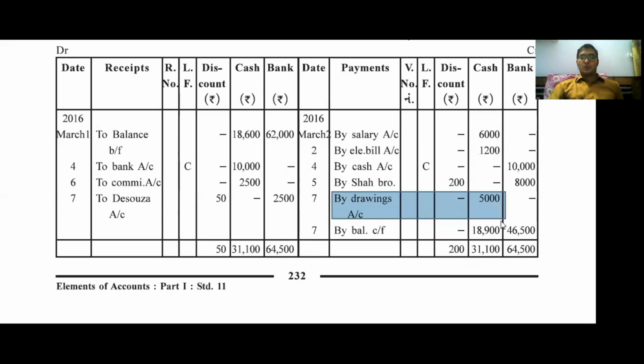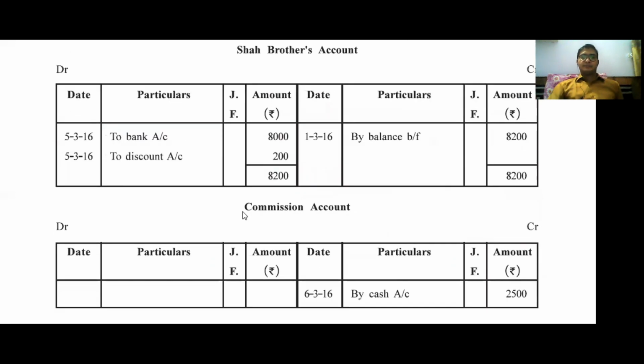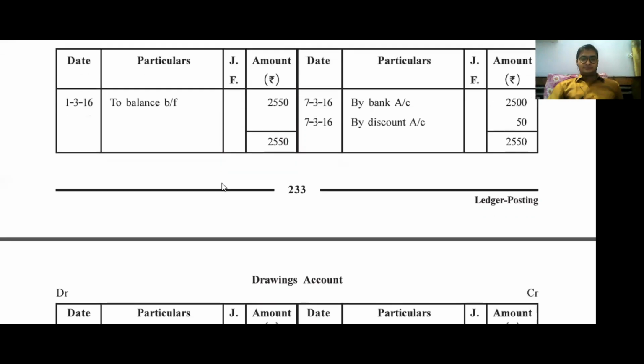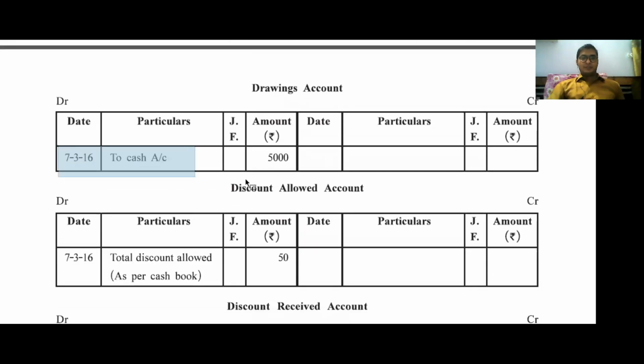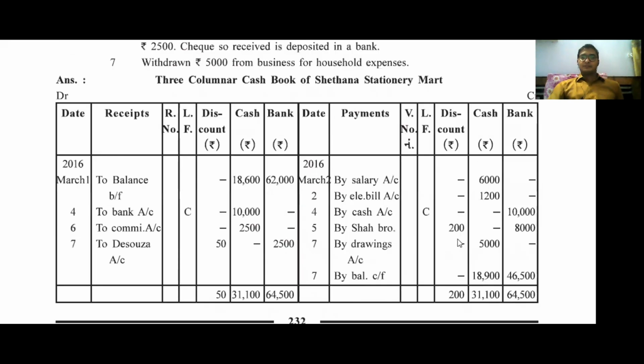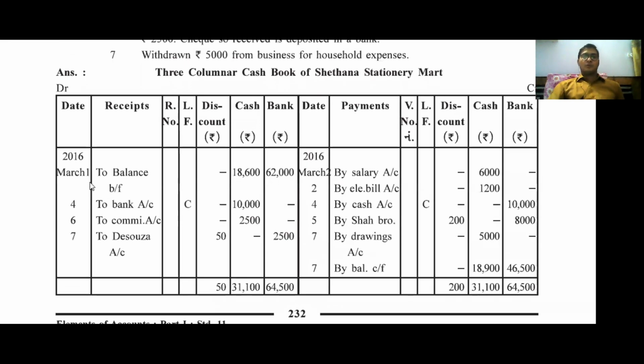Then drawing, debit side. Drawing is on the debit side for 5,000. Now on the debit side of the cash book, commission 2,500.